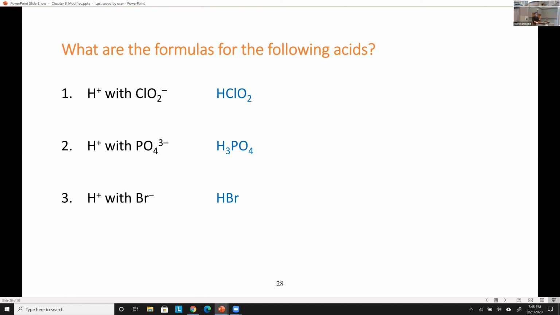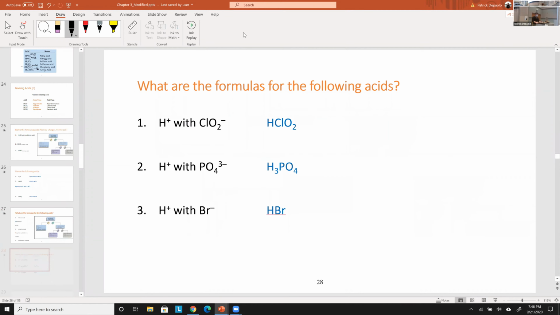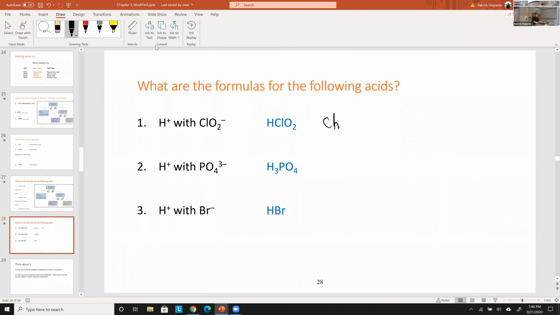So you know it's chlorite. That's ITE. So then what would the acid name be? It ends in ITE. So what would the new name be?